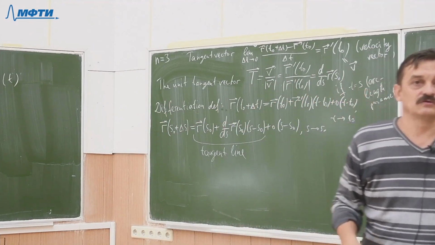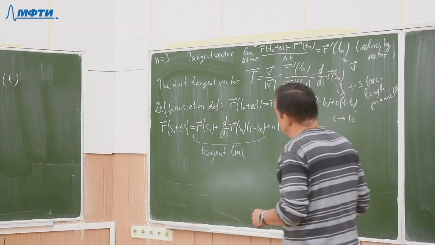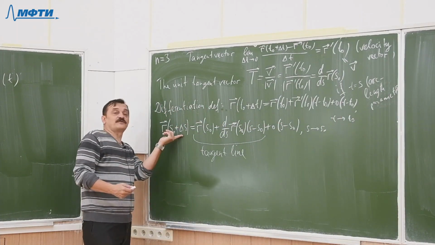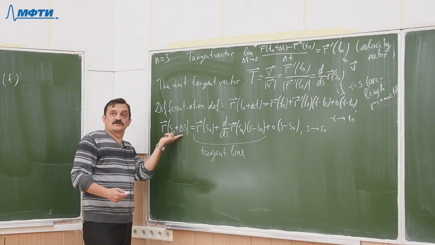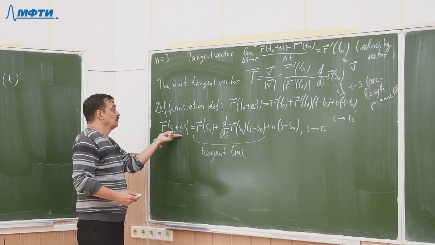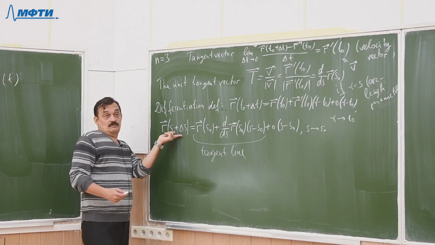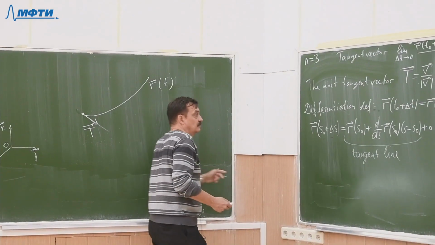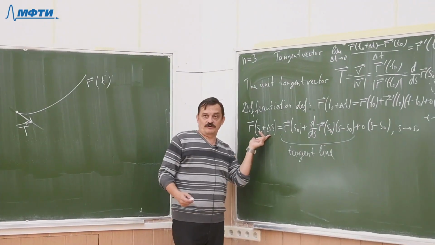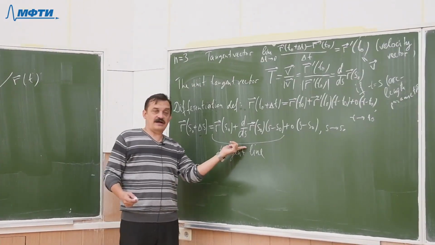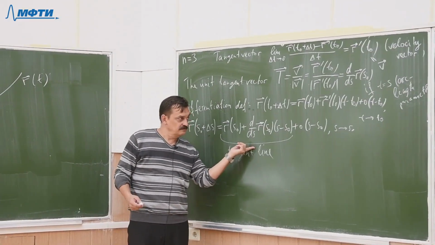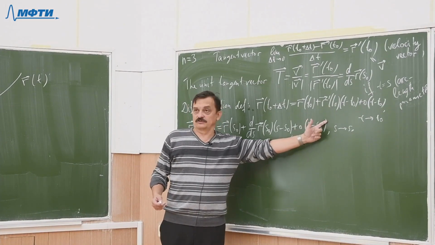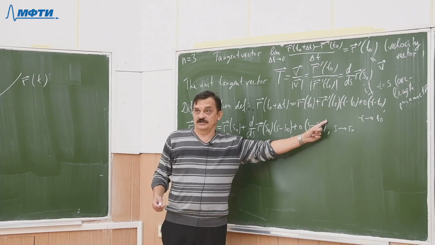So it means that the difference between the vector of our curve and the vector of the tangent line is little o of (s minus s naught) in first degree.